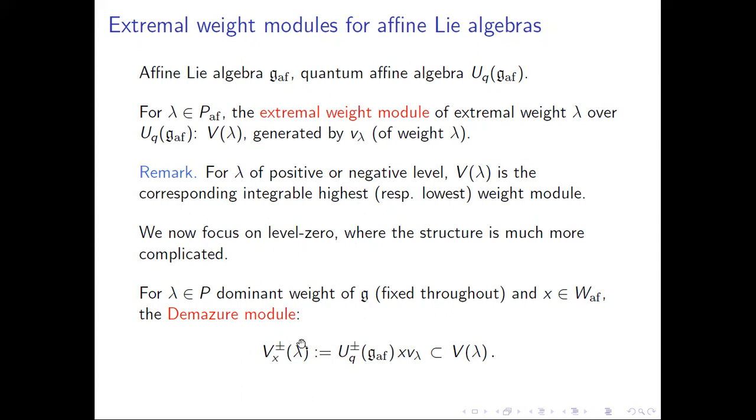So there is a Demazure module and an opposite Demazure module indexed with plus or minus, corresponding to some affine Weyl group element x, which is obtained in the usual way by taking the upper or the lower triangular part of the affine algebra and acting on the corresponding extremal weight vector, x applied to v lambda. So this is a submodule of the level 0 extremal weight module.